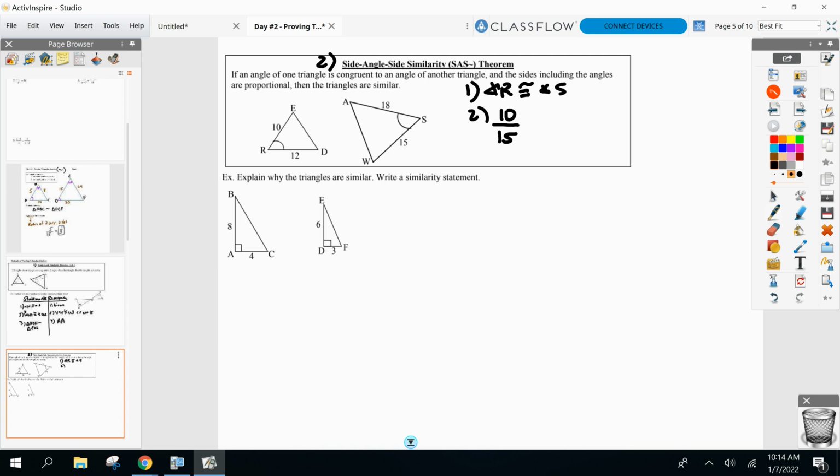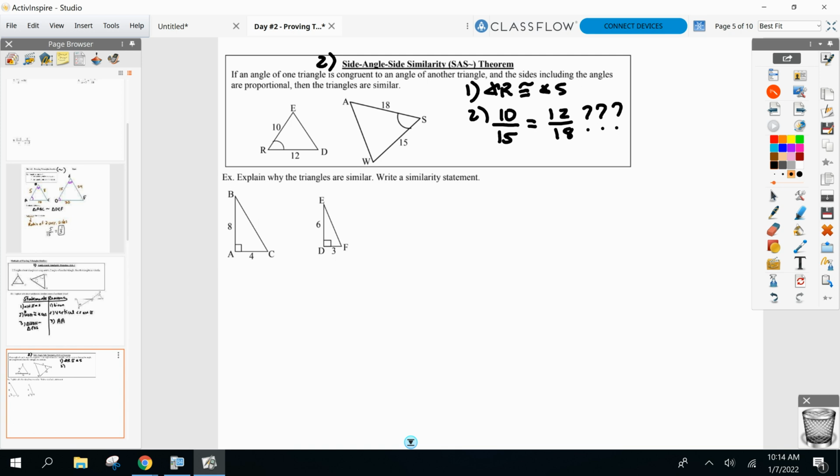Is that the same ratio as the other 2 corresponding sides? 12 over 18. Is this true? Do you guys know how to figure out if 2 ratios are equal? Because right now they look totally different, right? 10 over 15, 12 over 18. Anybody got methods to see if they're actually the same?